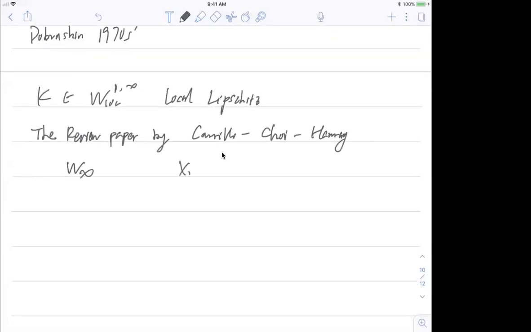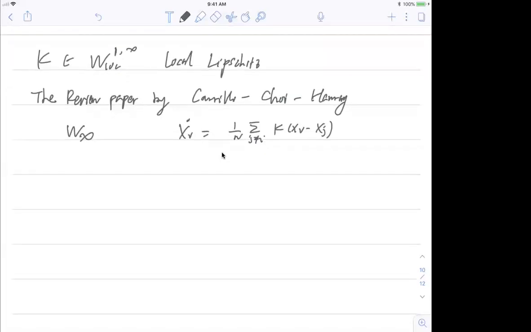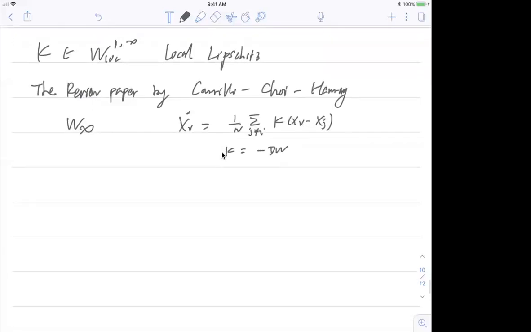For this type of equation, here K equals minus gradient of W, and of course the expected limit reads like this as well.